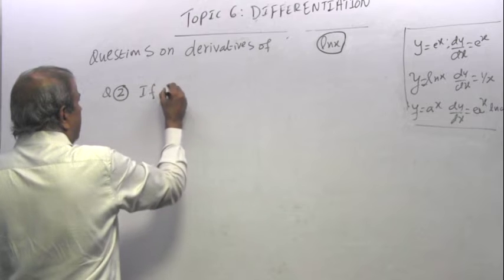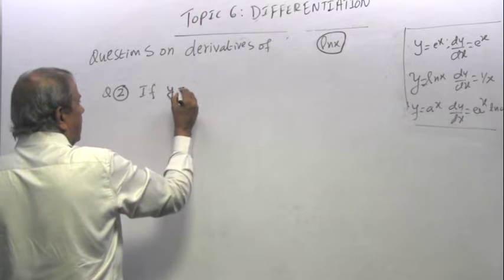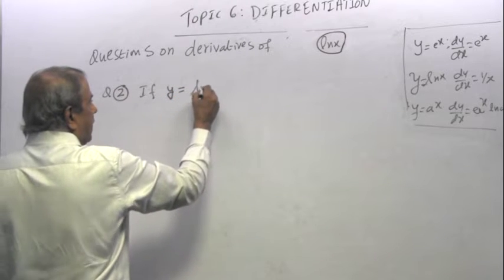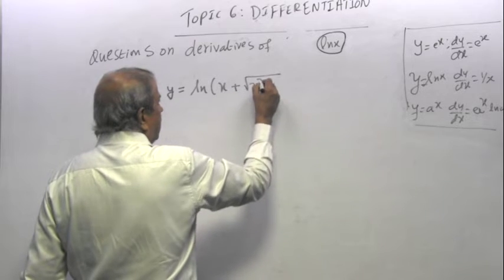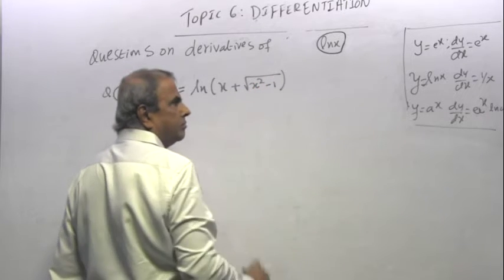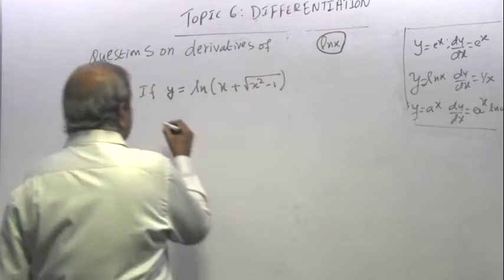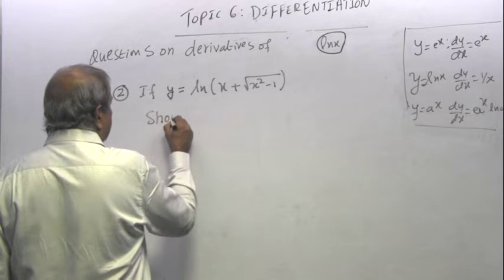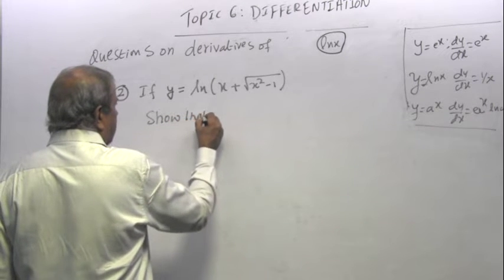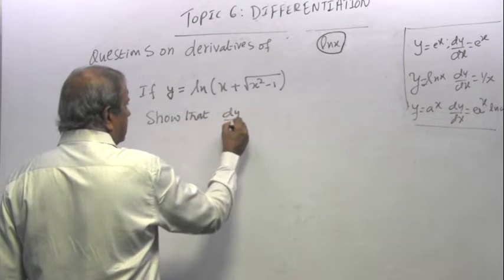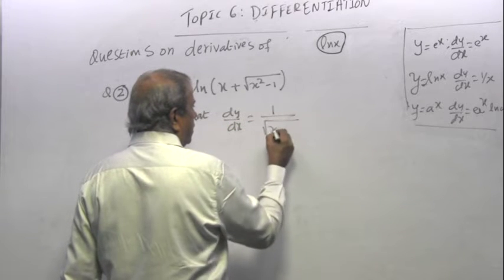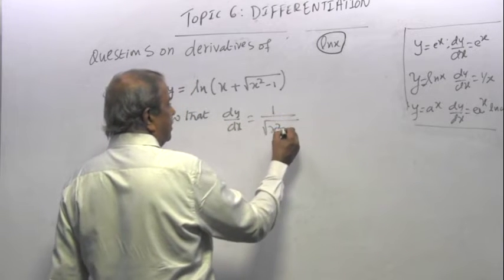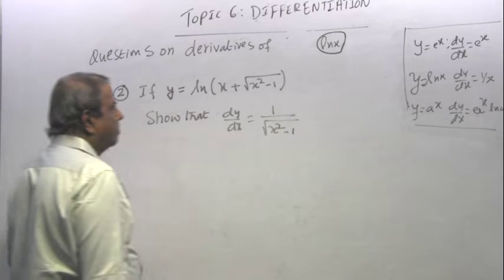If y is equal to ln x plus root x squared minus 1, show that dy by dx equal to 1 over root x squared minus 1.